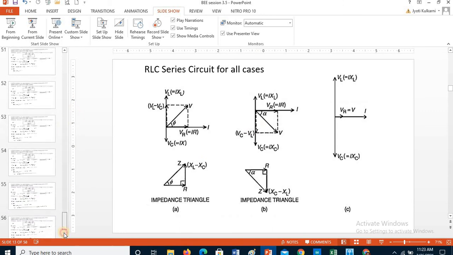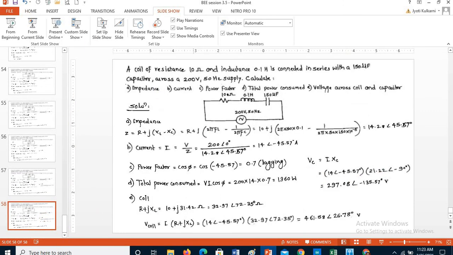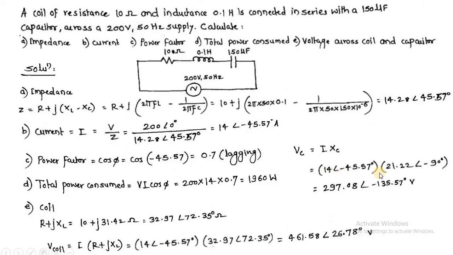So in this circuit, the product I into XC gives me VC, where the polar form of I has the angle minus 45.57, which we have calculated, and the XC magnitude is 21.22, which we get by the formula 1 upon 2 pi FC, and the angle minus 90 degree comes from the phasor construction.